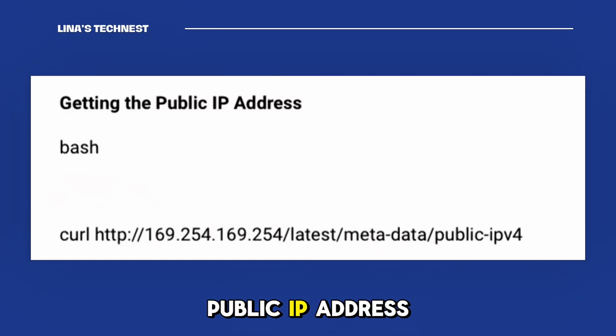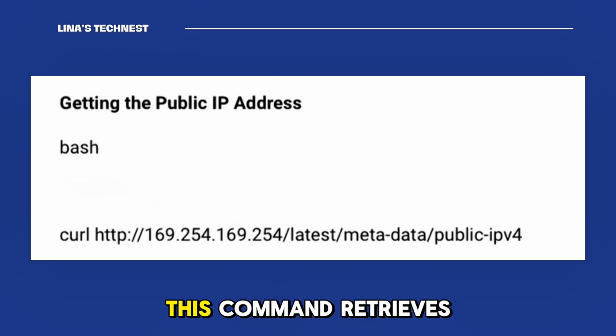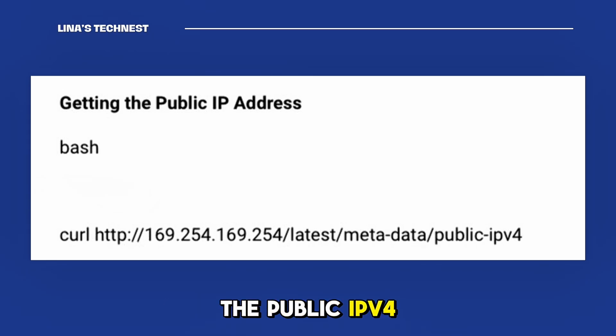To get a public IP address, you can use the curl command as well, which is displayed on the screen. This command retrieves the public IPv4 address of the instance. And if an instance does not have a public IP, this command will return nothing.